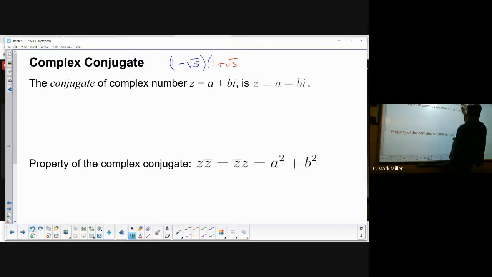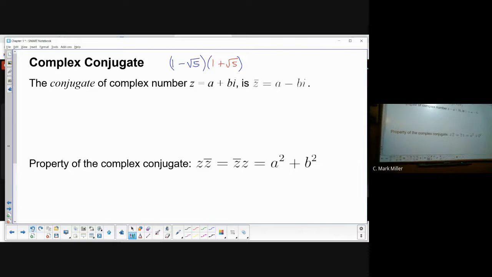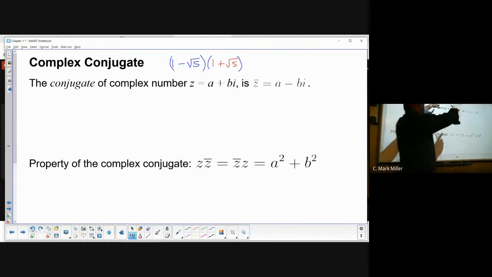What you most commonly did with these is that if you had something like that in the denominator of a fraction, you were told to rationalize by multiplying top and bottom by the conjugate. Why is the conjugate a good thing?